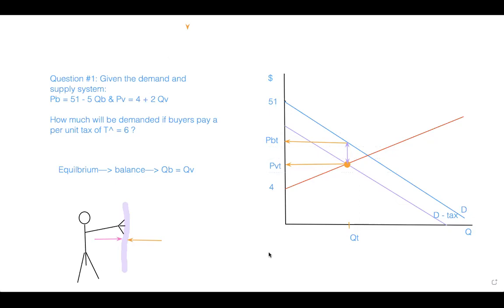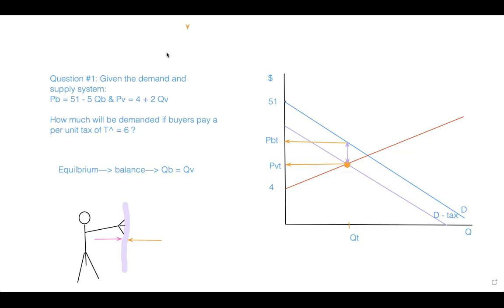Okay. And they're not going to be the same. And so we have to reflect a little bit on what we mean by price. The buyer's price is actually the amount of money that the buyer loses as a result of the transaction. It's what comes out of their pocket.